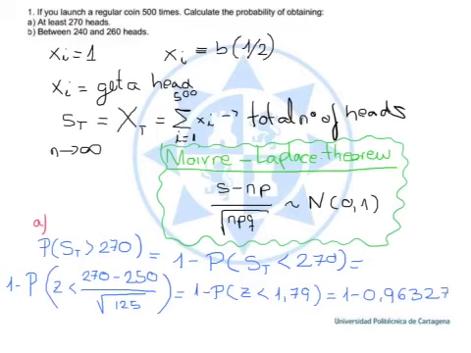And when doing the calculus, we get that this is equal to 0.03673. So this is the final result of part A.